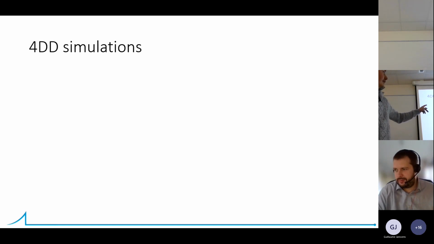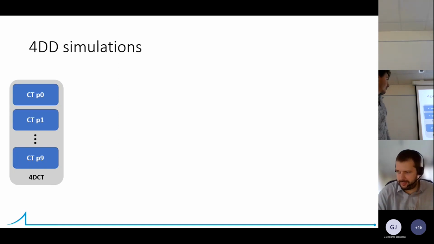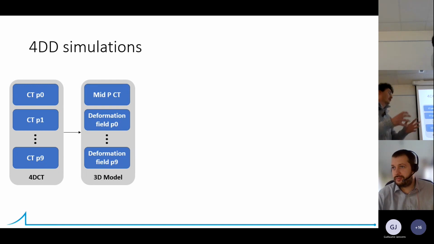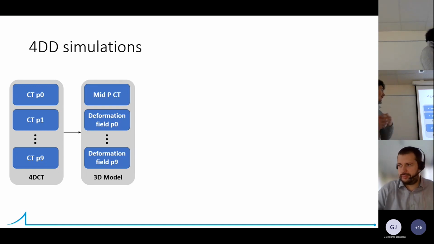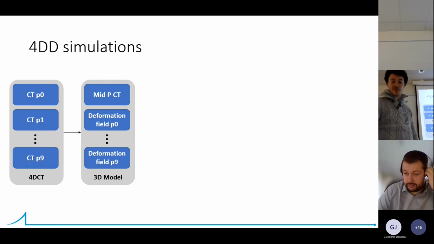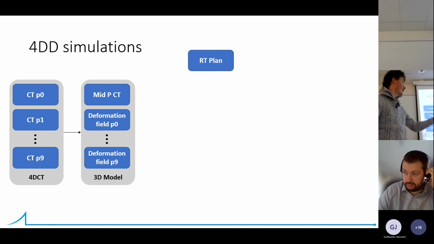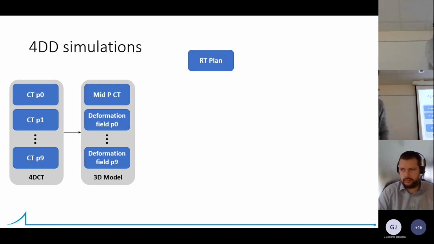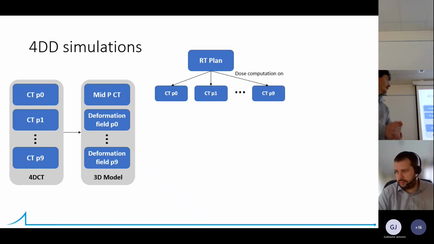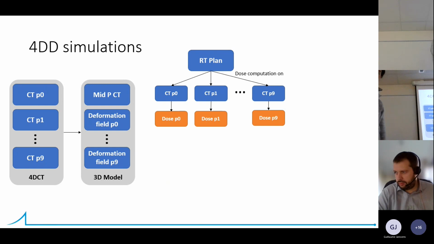First, for the dose simulation where we neglect the interplay, the input is a 4D CT, a sequence of, for example, 10 CTs. From this in OpenTPS, you can construct a 3D model like we talked about, so you can create a mid-position image and the associated deformation fields. Then you have a plan that you have already optimized, and you can compute the dose of this plan on each of those CTs, so you obtain 10 doses if you have 10 CTs.